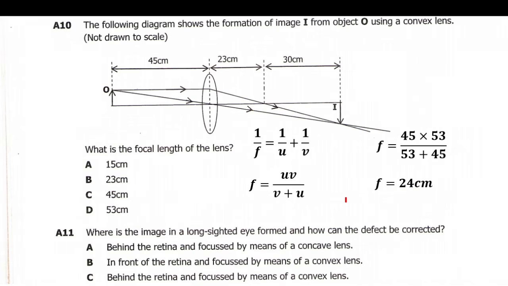So looking at our answer, the answer which was actually closest was B. And actually, if you look at this one, we never even needed to calculate, because the distance from the focal point here to the center of the lens is the focal length. So the answer is B.